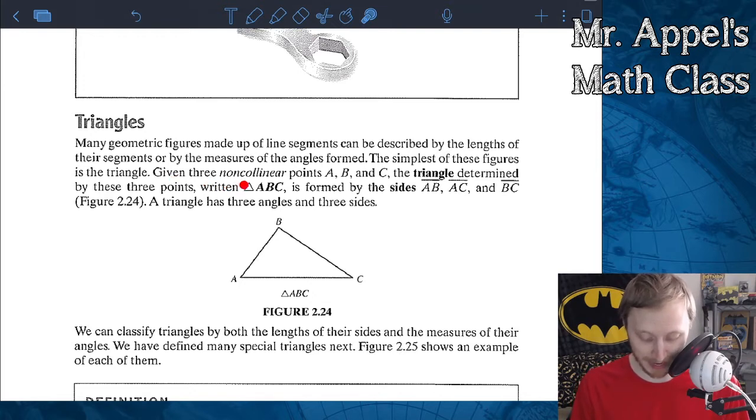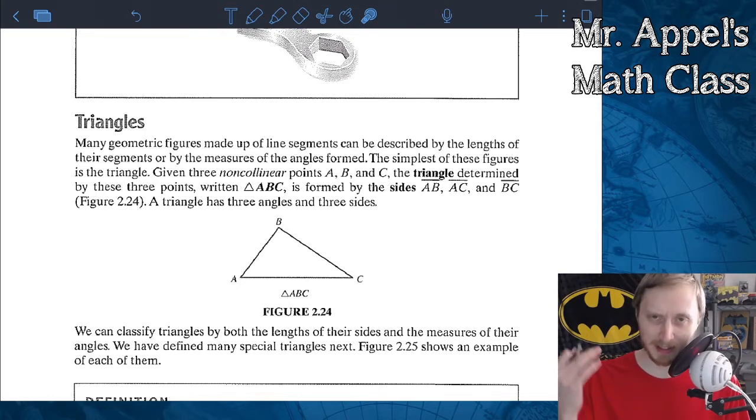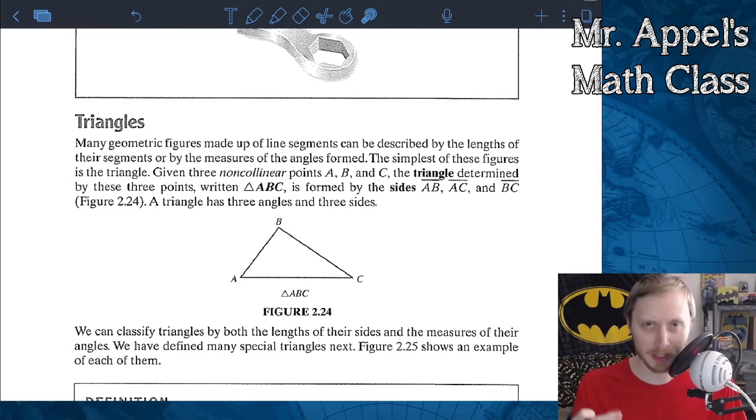Given three non-collinear points, A, B, and C, the triangle determined by these 3 points, written triangle ABC, is formed by the sides segment AB, segment AC, and segment BC. Again, this is the very technical version of something you probably already intuitively understand. You make 3 dots, you connect the dots, you have a triangle. A triangle has 3 angles and 3 sides.